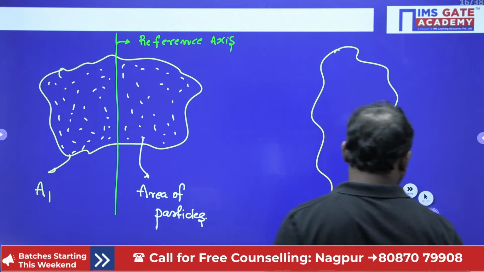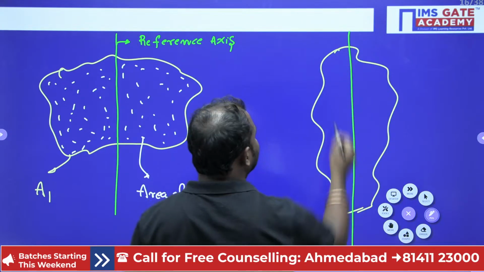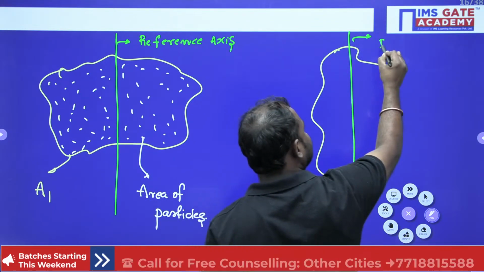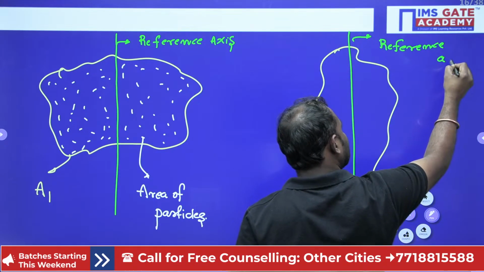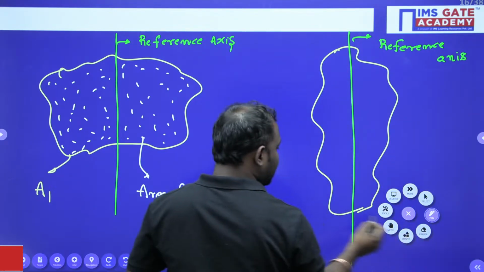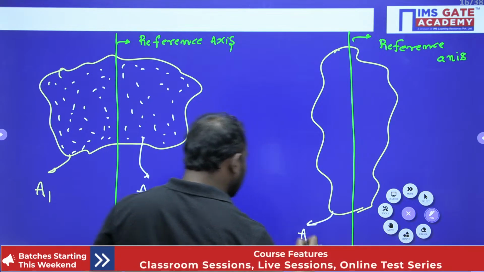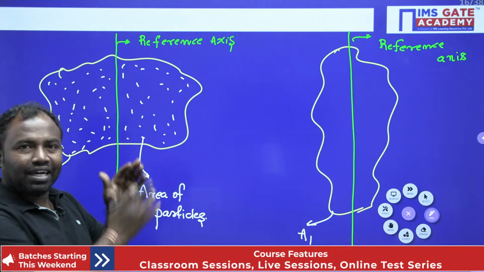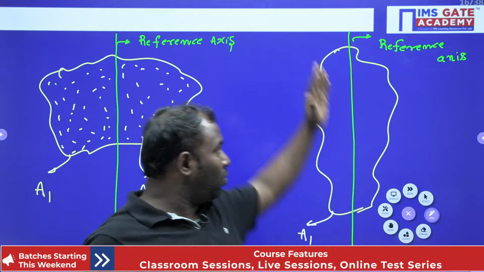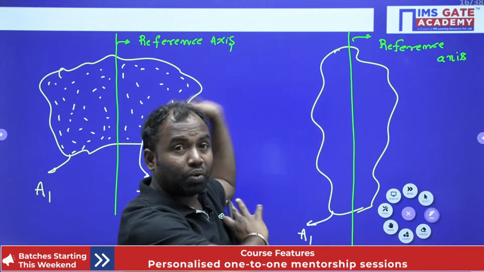Here I am taking the reference axis like this, right? Here it is the reference axis. Now here this area is also A1. Both areas are equal, but the thing is, one time I have taken the particles distributed horizontally, and now I am taking a vertical axis.